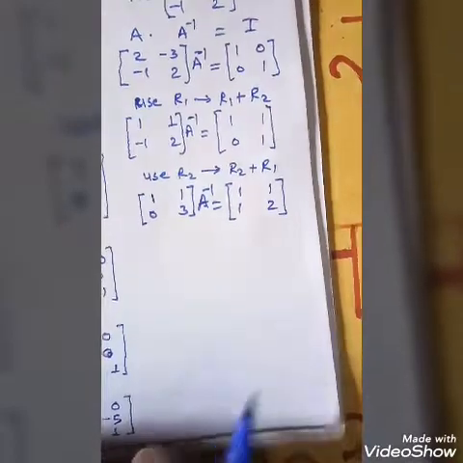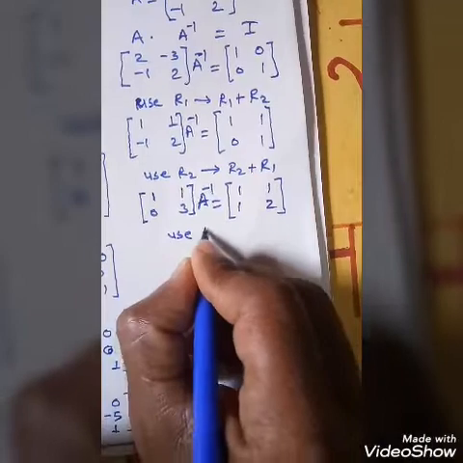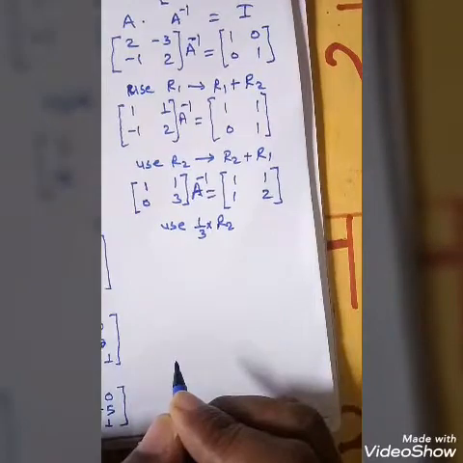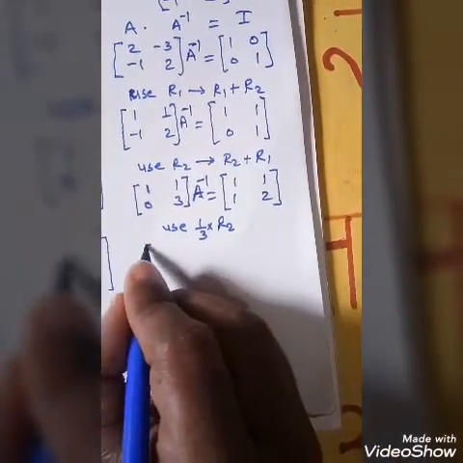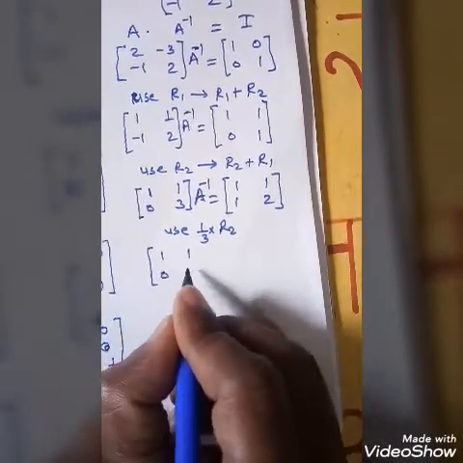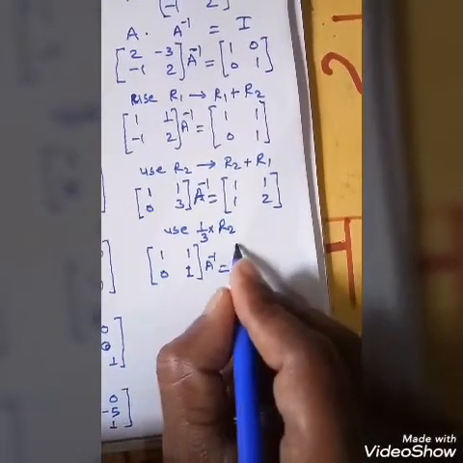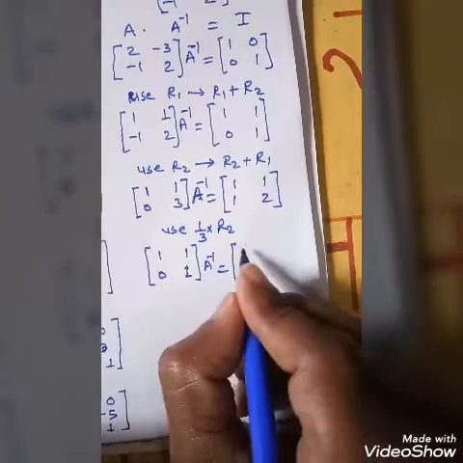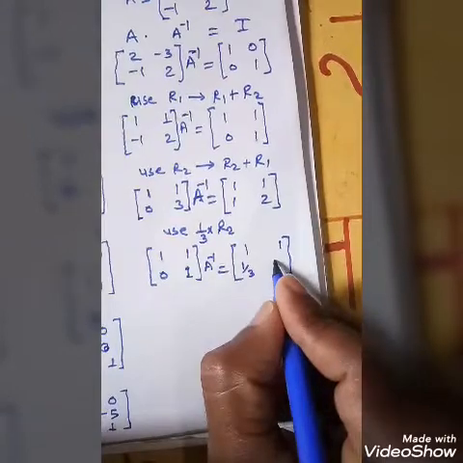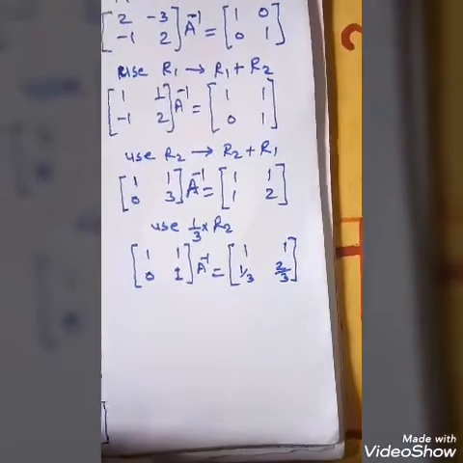Now convert this corner element into 1. Again use K into R2, where K means the reciprocal of that number. So first row as it is, 0 divided by 3 is 0, 3 divided by 3 is 1, and the same operation is performed on the right hand side. First row as it is, second row divided by 3: 1 by 3, 2 by 3, like this.